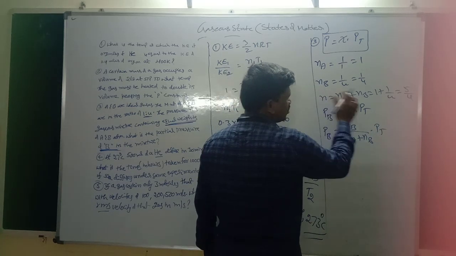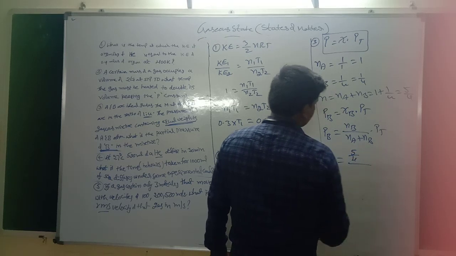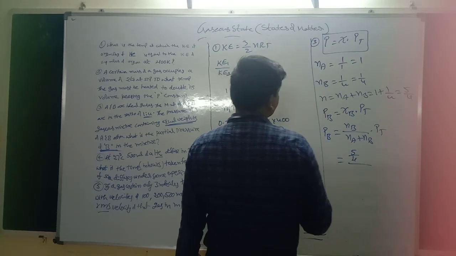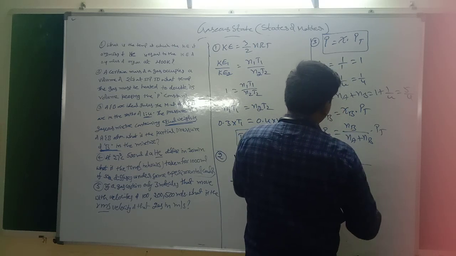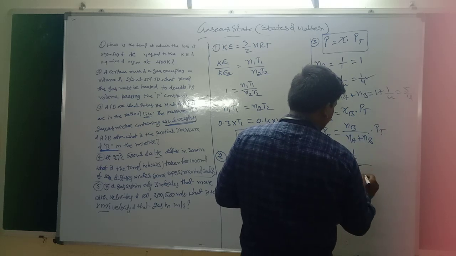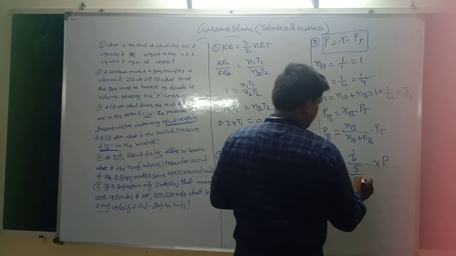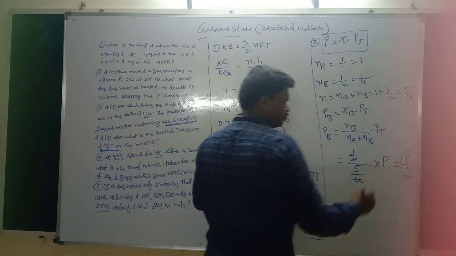Number of moles of B is 1 by 4, total number of moles is 5 by 4, and total pressure P, then it is P by 5.